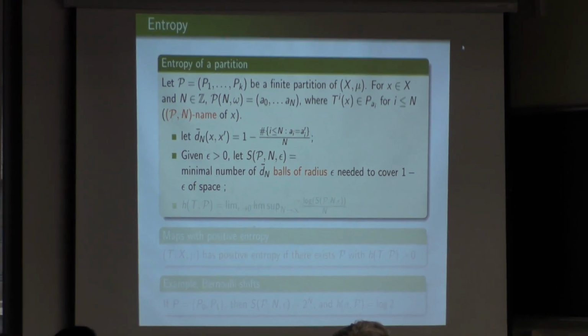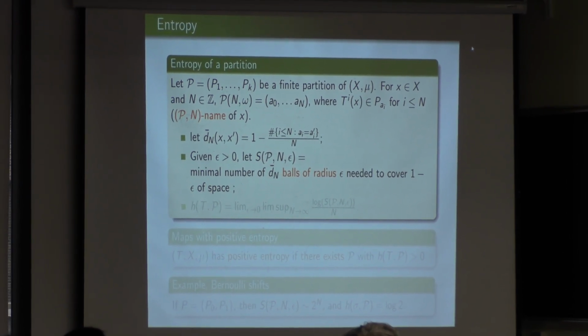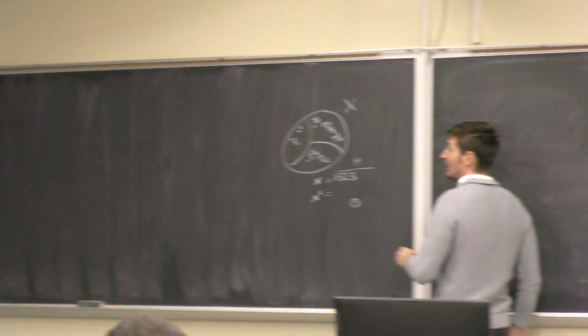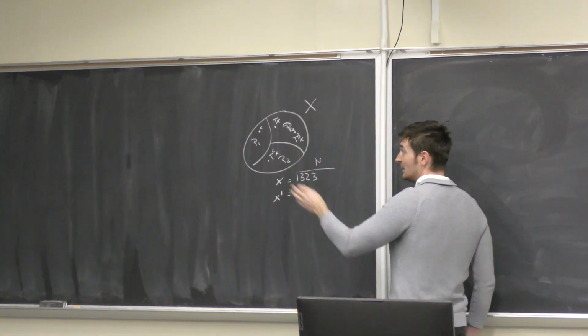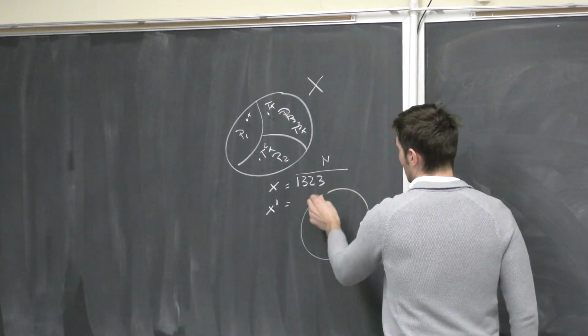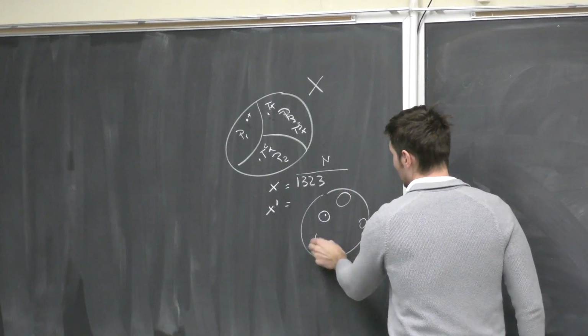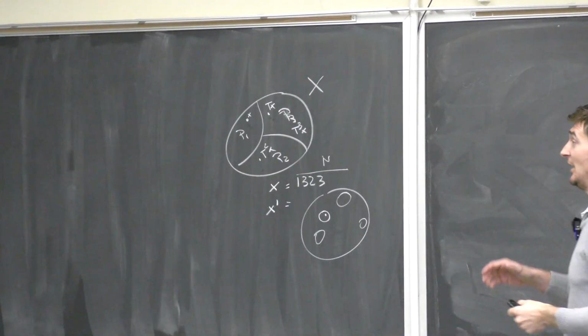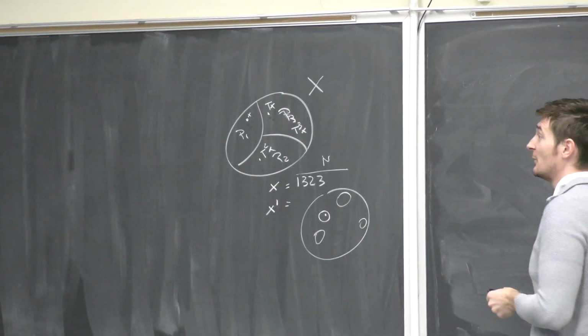I want to cover a 1 minus epsilon proportion of the space. Each point comes with a certain ball, called the Hamming ball, maybe for partitions. And then I want to cover 1 minus epsilon of my space by these balls in the most efficient way.